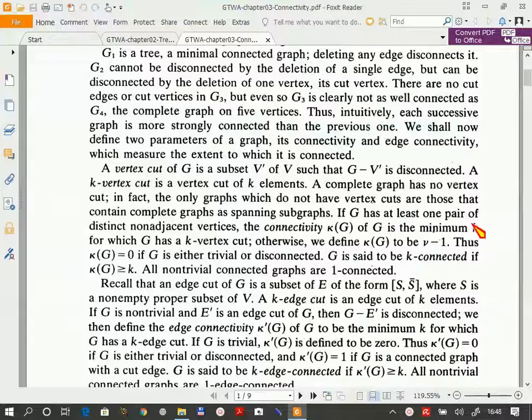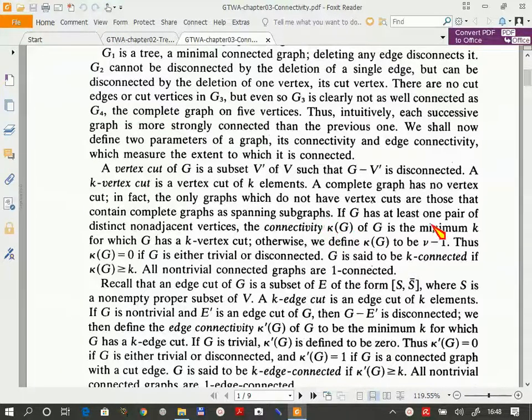So if you have a graph that does not contain a spanning subgraph which is a complete graph, so that there is at least one pair of distinct non-adjacent vertices, you call the connectivity. This is Greek letter kappa.